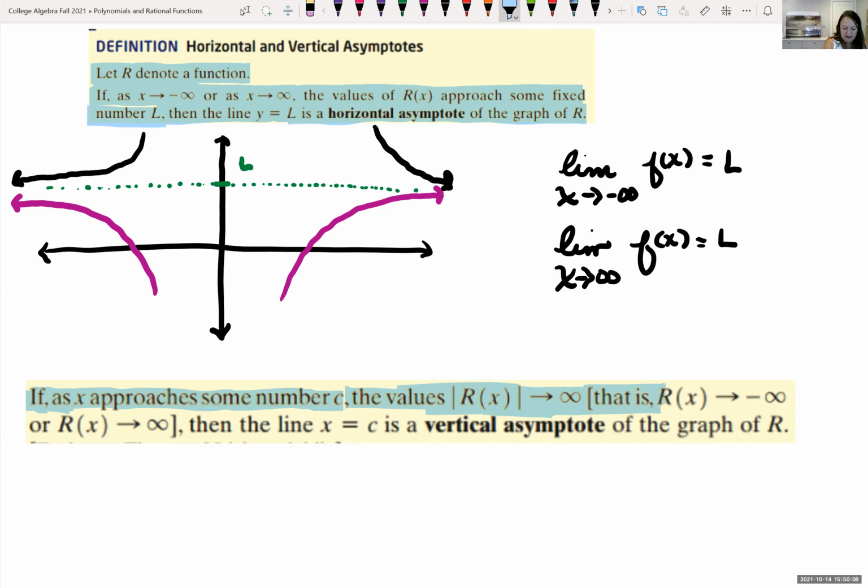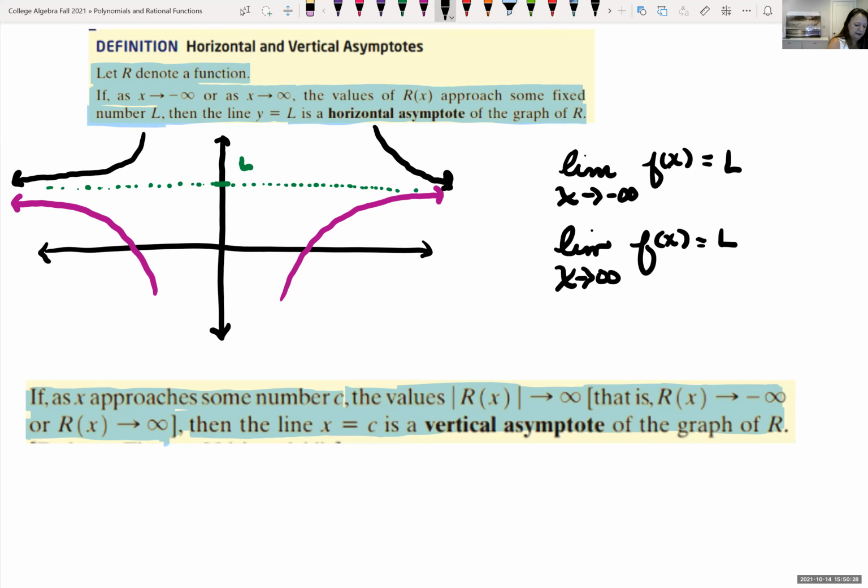That is, our Y value either goes to negative infinity, or goes to positive infinity as we get closer to that X value C. Then we say the line x equals c is a vertical asymptote of the graph of R.